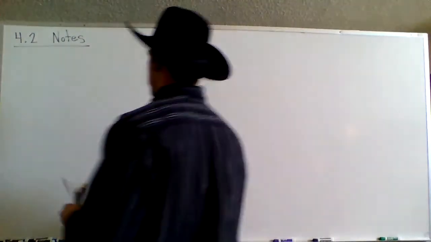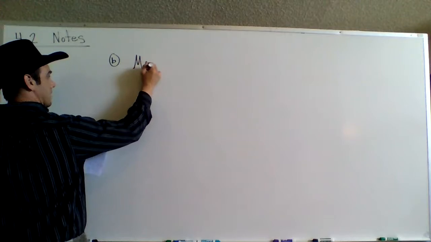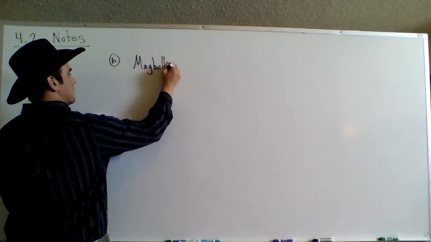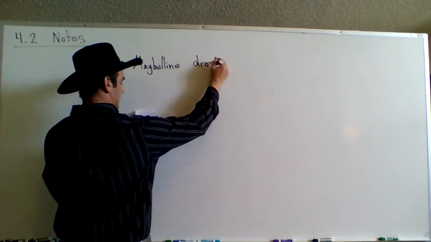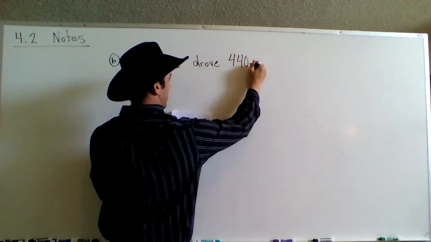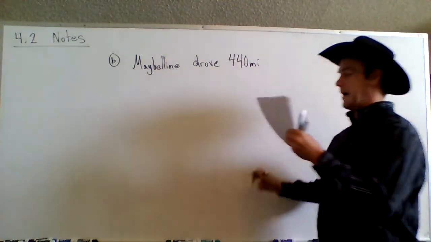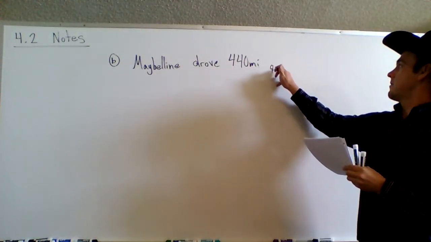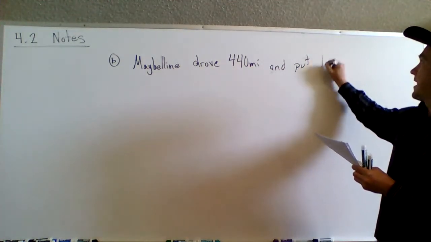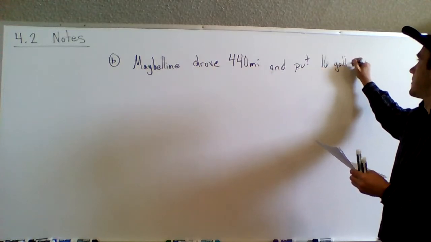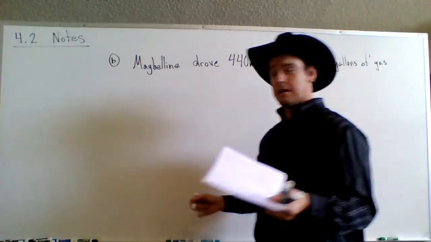All right, so let's check out letter B then. We got Maybelline. Okay, she drove 440 miles. That's quite a distance, Maybelline. All right, and, ooh, I can't write. Okay, she put 16 gallons of gas in her tank.